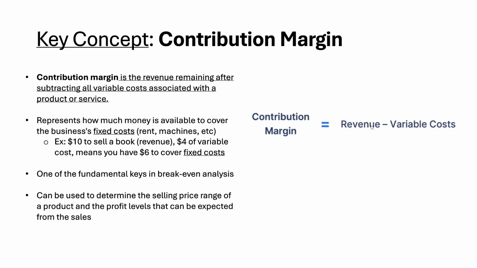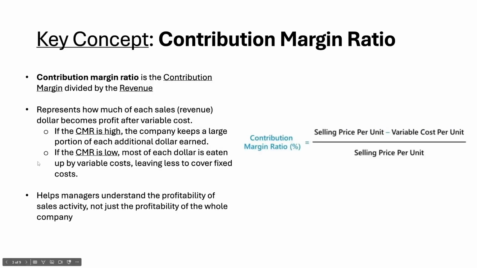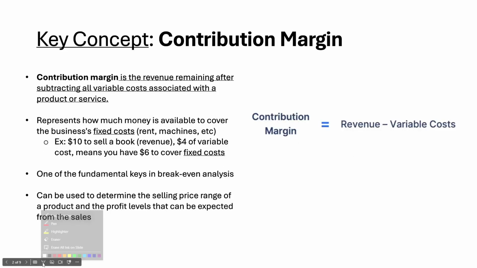Variable costs can be stuff like payroll and materials. That's what variable cost is, right? And revenue is just what you make from the product, and it represents how much you have left over to cover fixed costs such as rent, machines, and stuff like that.